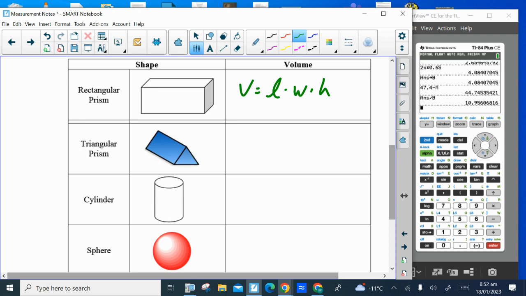A triangular prism, the volume of that, remember that a triangle is half of a square or a rectangle. So the volume of a triangular prism is half the volume of a box with the same dimensions. So it is length times width times height divided by 2.